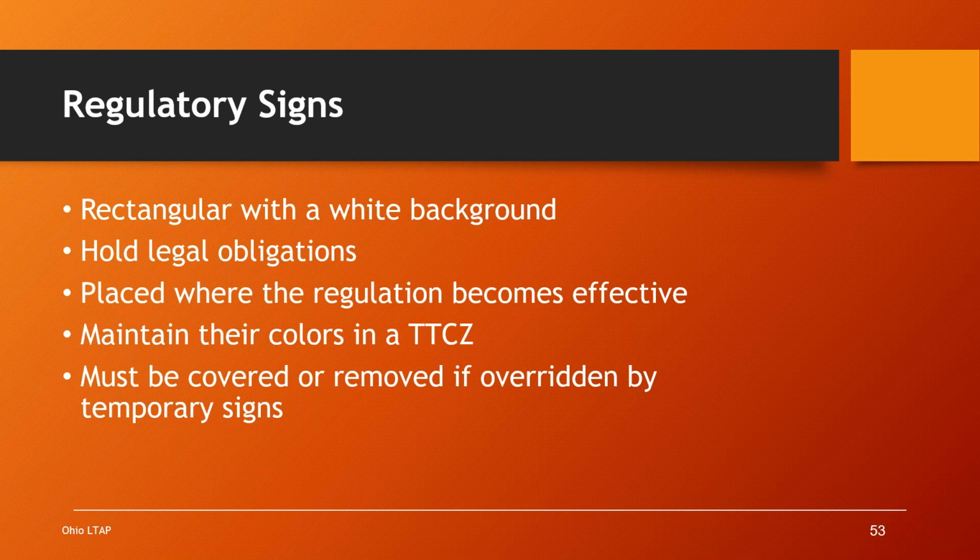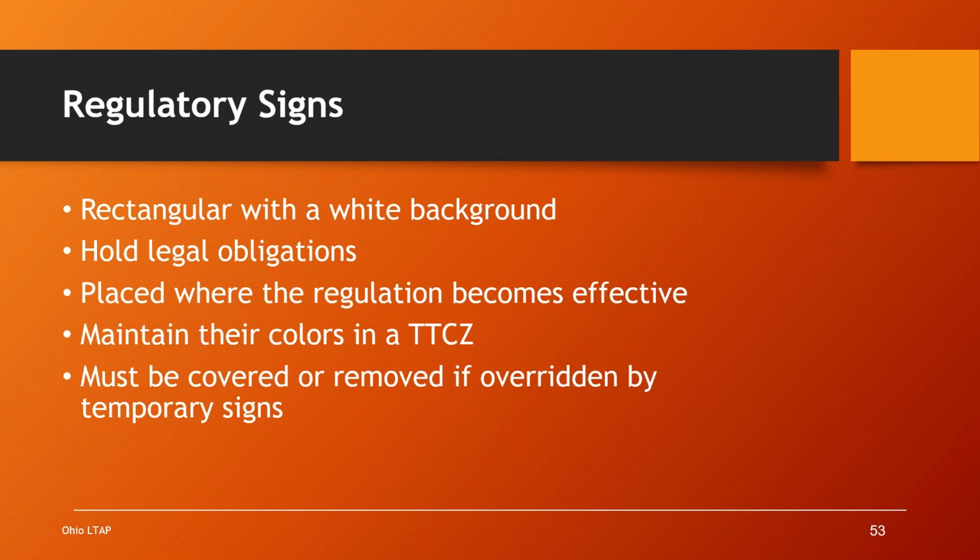Sometimes less than an hour if we're talking higher speeds or higher volumes. The signs show the place where the regulation becomes effective, maintain their colors in a temporary traffic control zone, and must be covered or removed if overridden by temporary signs.